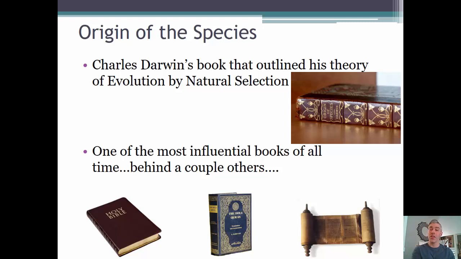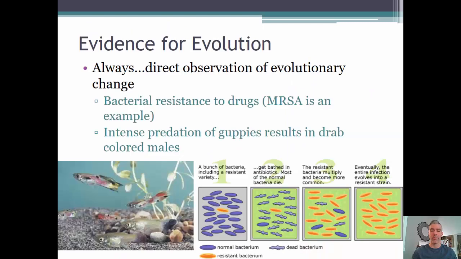Now today, On the Origin of Species, as it's called, but sometimes it's called Origin of Species, is probably the most influential book aside from some of the major religious texts that we have today, including the Bible, the Quran, the Torah, just because of the impact that it has had on everything after that point and how we think about medicine and the biological sciences in general.